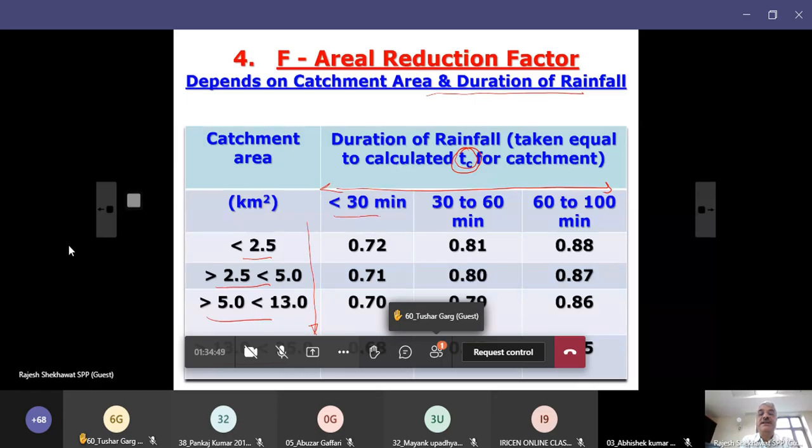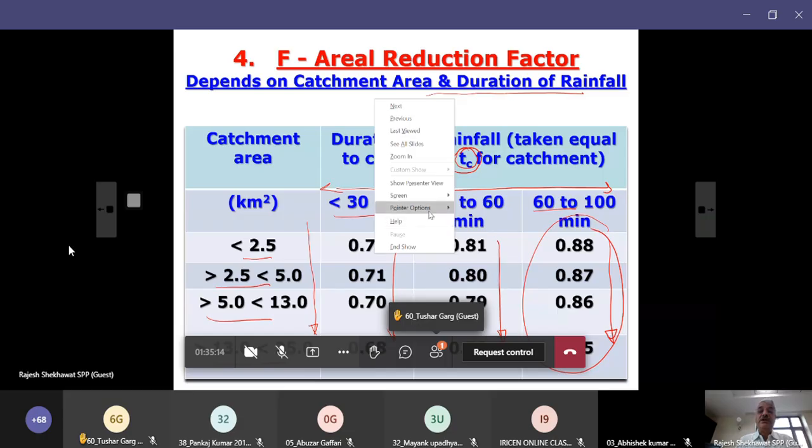So if this duration is less than 30 minutes, this value, 30 to 60 minutes, this value, and 60 to 100 minutes, this value. It does not give more than 100 because most of these small catchment area, the TC normally comes less than 100. But in some case, by chance, it will happen very rarely. If it goes more than 100 also, you have to pick up this column only.